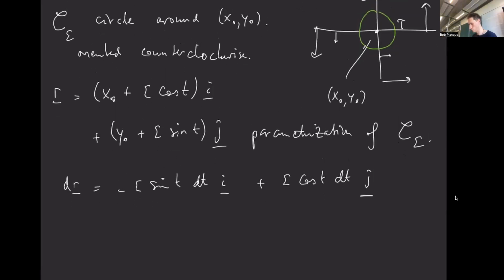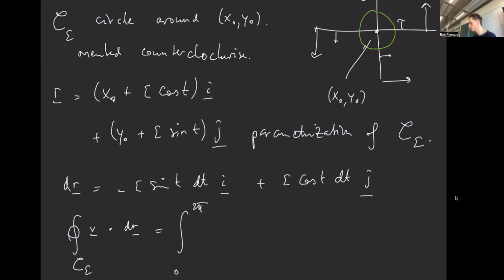So with that, I can talk about the circulation of this vector field v around this curve, right? Which I denoted with this integral with a circle through it, v inner product with the length element dr. Well, I've already parameterized it, so I'm going to get an integral from 0 to 2 pi, because t goes from 0 to 2 pi.